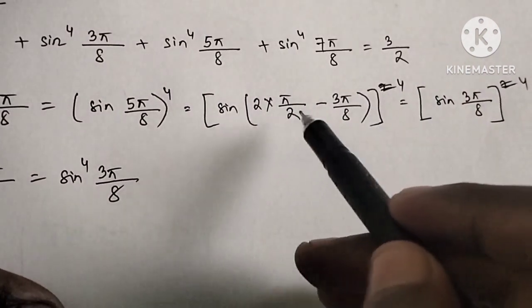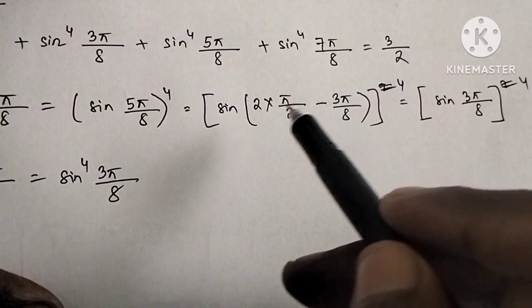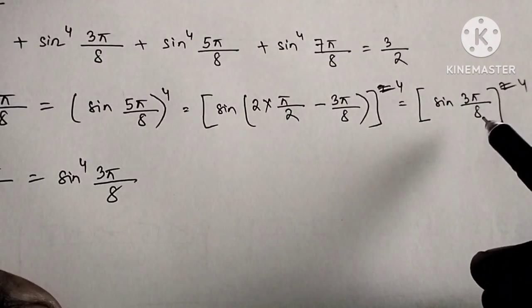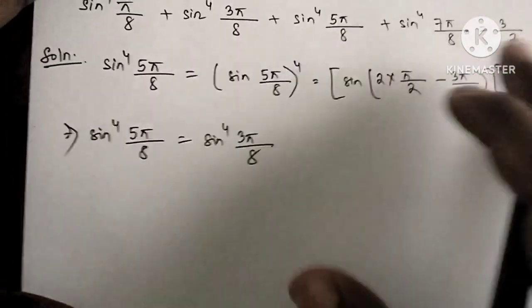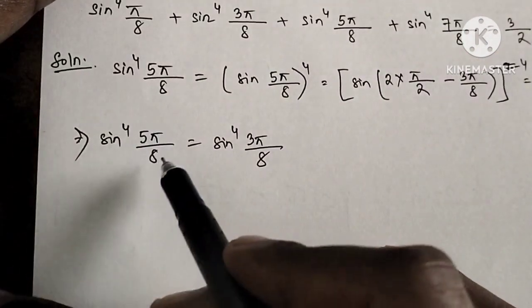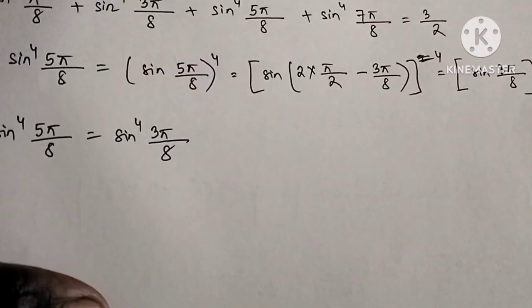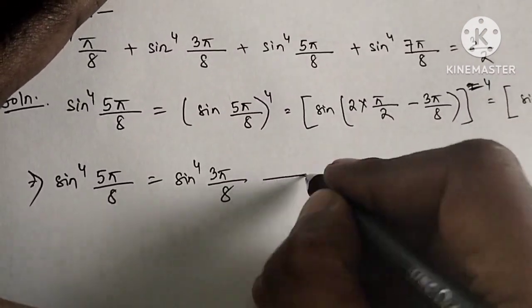Sine 2 into pi by 2 means it is in the second quadrant. In second quadrant sine is positive, so it can be written as sine 3 pi by 8 to the power 4. That means sine to the power 4 5 pi by 8 is equal to sine to the power 4 3 pi by 8. Name it as equation 1.